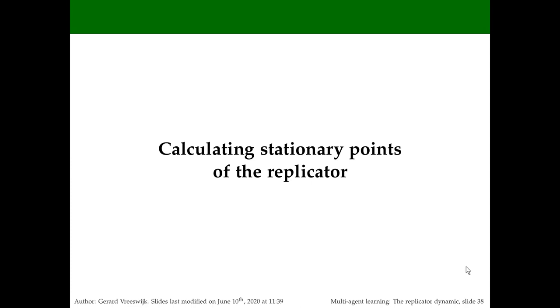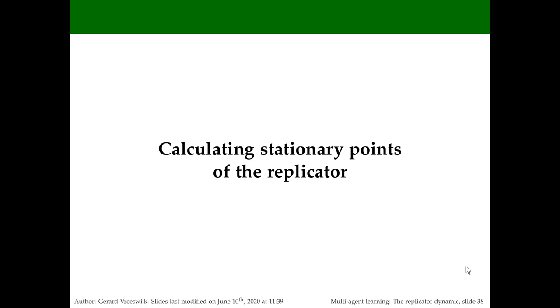Now, for a long time, I didn't know myself that you can just explicitly calculate stationary points of the replicator. So in a way you can calculate Nash equilibria, because all Nash equilibria are stationary or rest points, and some of them aren't, but you can reduce your search of Nash equilibria to the rest points of the replicator.